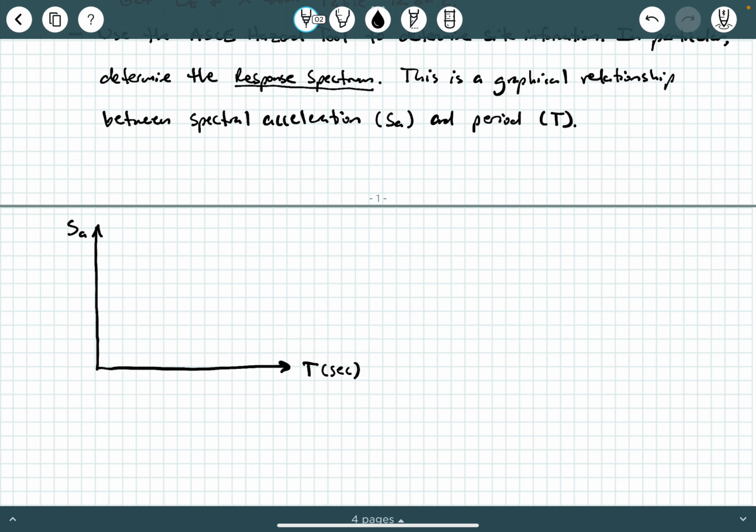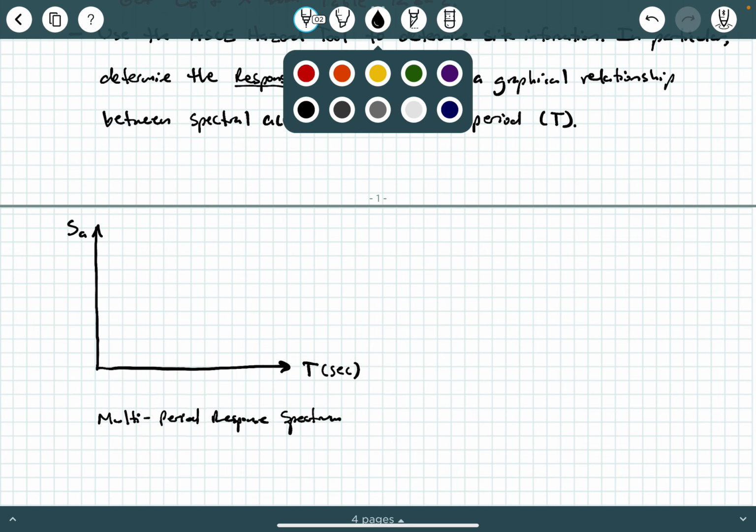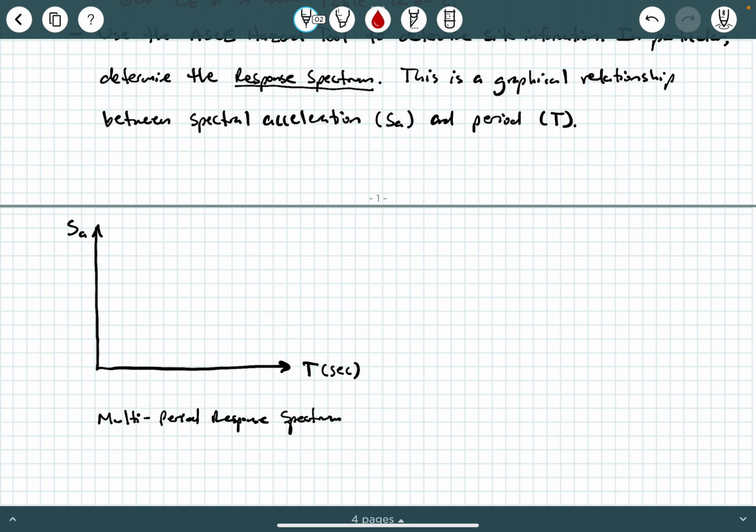Now, this multi-period response spectrum is going to give you a plot that looks kind of like this. It's going to sharply come up, and then it's going to sail on down and kind of level off. Now, it's going to be connected by points, okay?